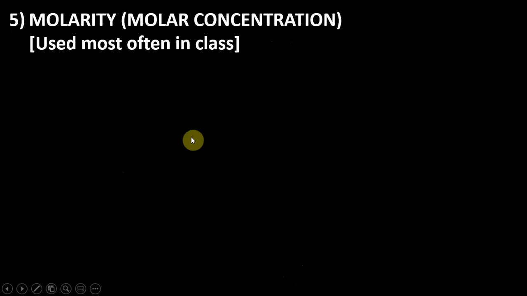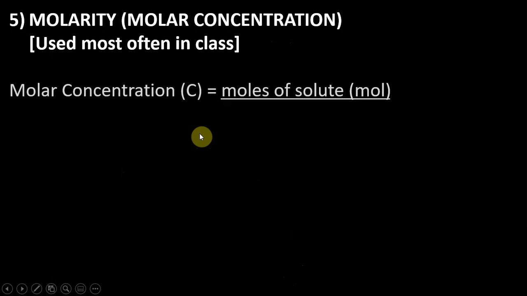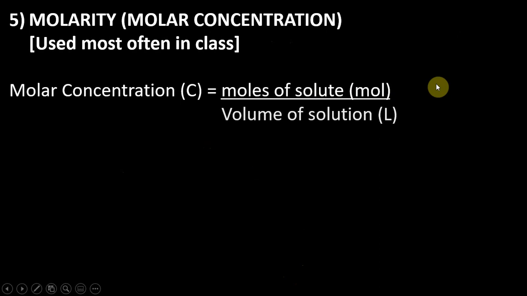Okay, and the last one we're doing is molar concentration, and this is the one we use most often in class. This is where we look at the number of moles of the solute divided by the volume of the solution, and the volume is always in liters. So this is important here. Again, watch your units, moles per liter.